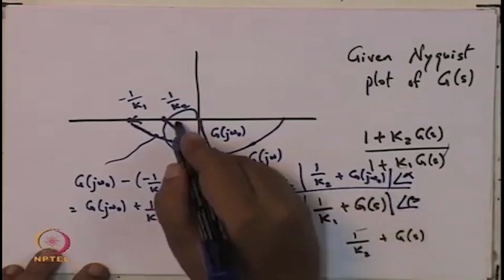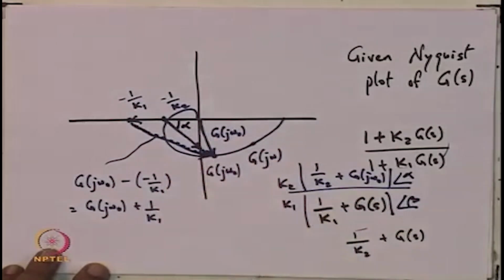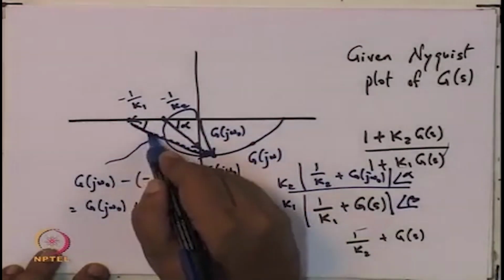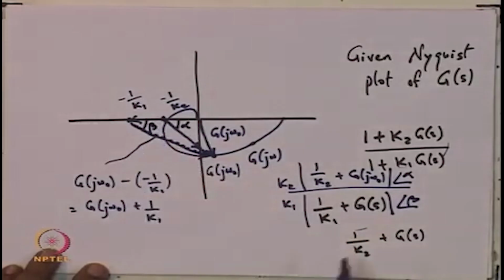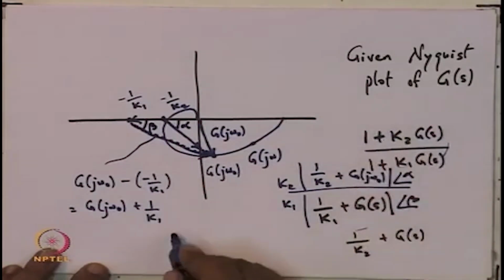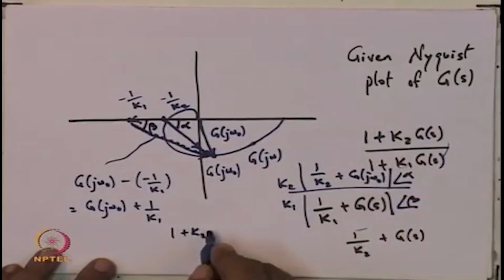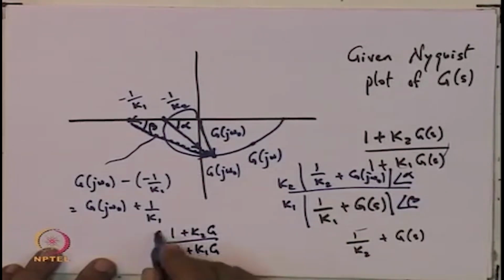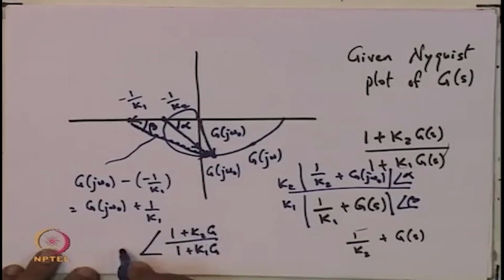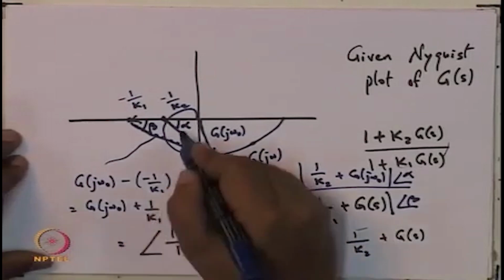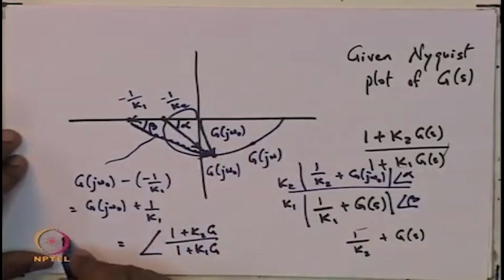So, this angle is alpha, and this angle is beta. And so, for this transfer function, 1 upon K 2 plus G upon 1 upon K 1 plus G, the angle is really equal to alpha minus beta.